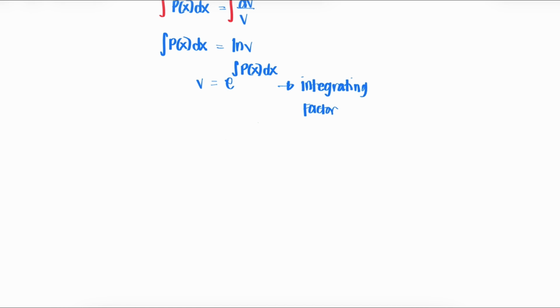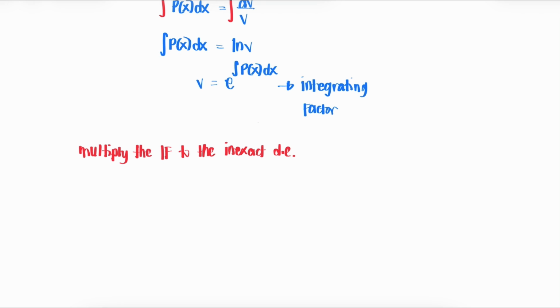So because that is already our integrating factor, we're going to multiply the integrating factor to the inexact DE. Okay, so multiplying that to the original.